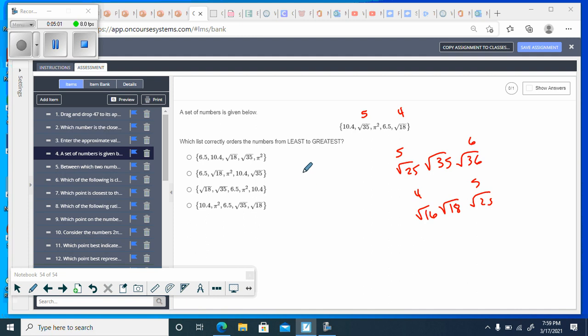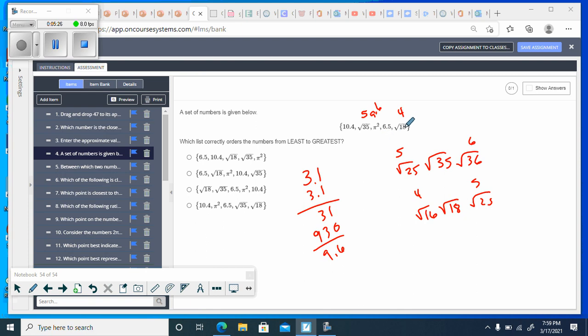Pi squared. Pi is about 3.14. So let's say about 3.1 squared, multiplied by itself. 1 times 31, carry a 1. That'd be about 9.6, okay? So pi squared is about 9.6. Okay, so what would be from least to greatest?